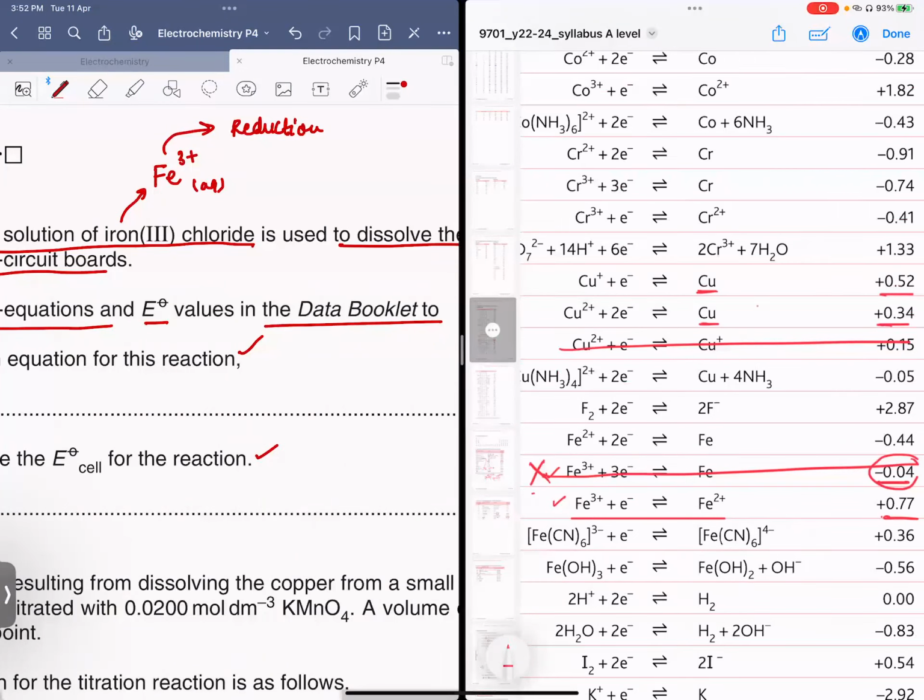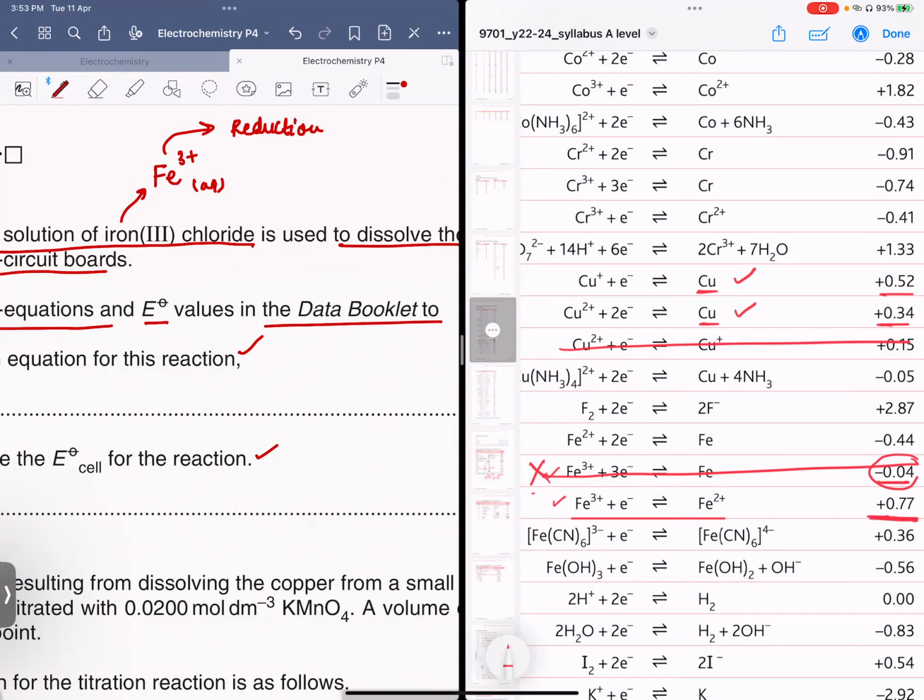And here I have two options. In this case, it doesn't matter whether I use this equation or this equation, because in both the equations, there is a copper metal and its E naught value is smaller than the E naught value of the one where the reduction is taking place.